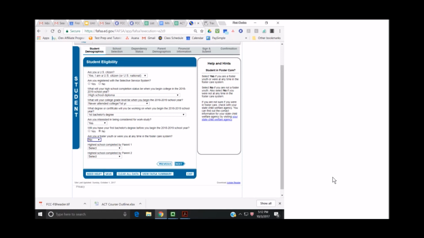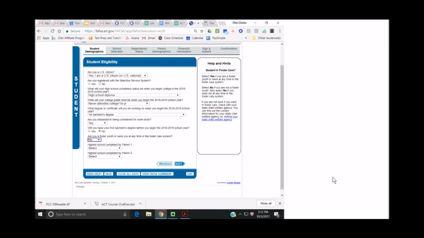In this case, we just selected high school diploma, and then if you're going for your first time, never attended college, first year. And then what degree will you be working on? First bachelor's degree. I always say yes to this next one, or recommend students say yes. Are you interested in being considered for work study? Doesn't mean that you have to work. You can always turn it down later, but you might as well be considered for it to have that option.